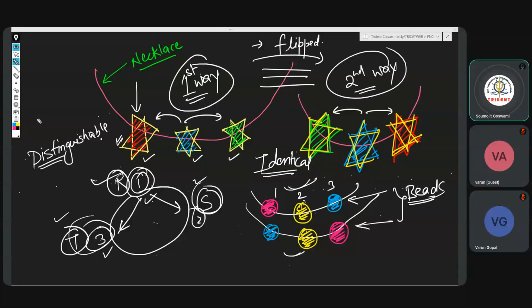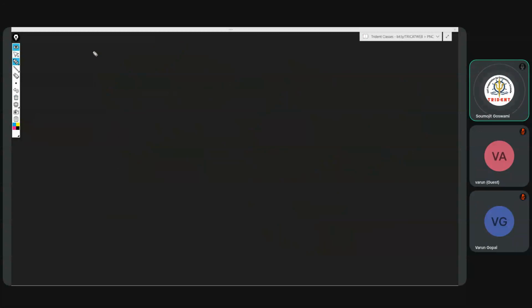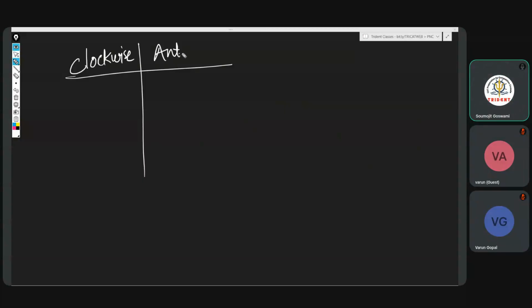That is why I will again say the difference between clockwise and anti-clockwise arrangements or orientations is a real one for distinct people.